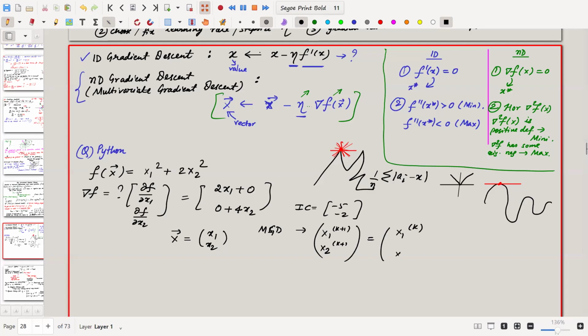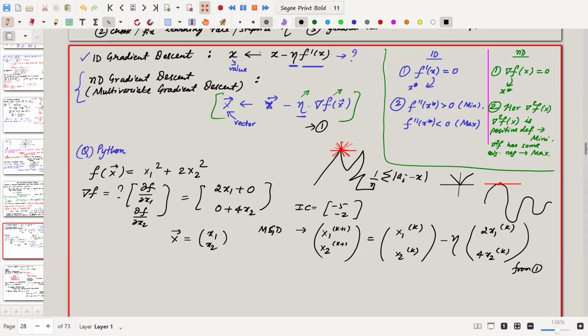x1 k, x2 k minus the learning rate or the step size multiplied with the gradient, that is 2x1k, 4x2k.